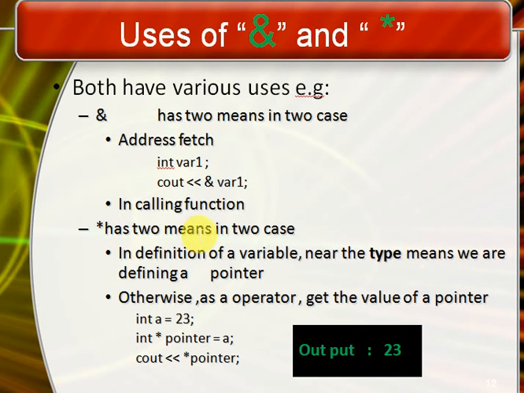The asterisk also has two meanings in two cases. In the definition of a variable, near the type, it means we are defining a pointer. Otherwise, as an operator, it gets the value of the pointer. For example, int a = 23, int *pointer = &a, cout *pointer. This is declaration and initialization of a pointer variable, and its display of value gives 23.